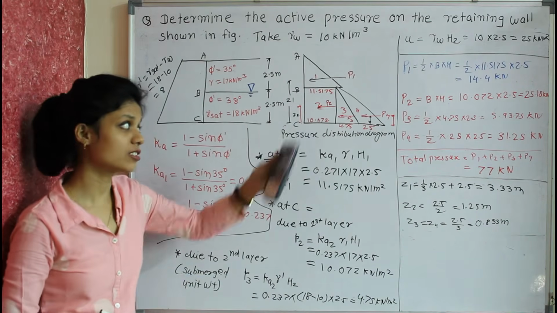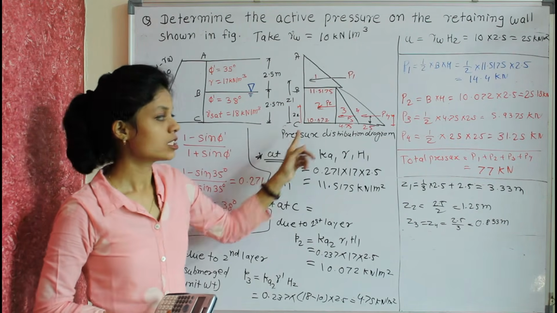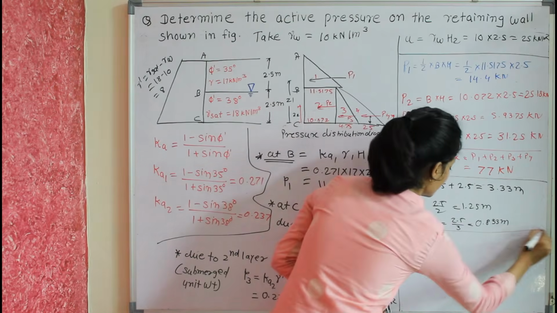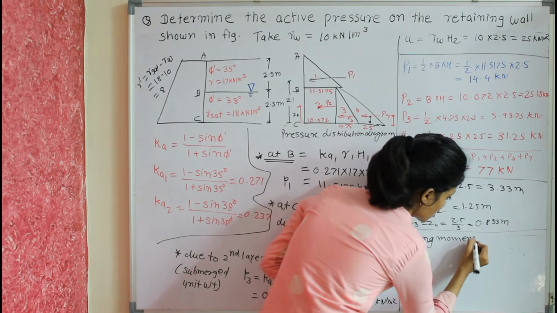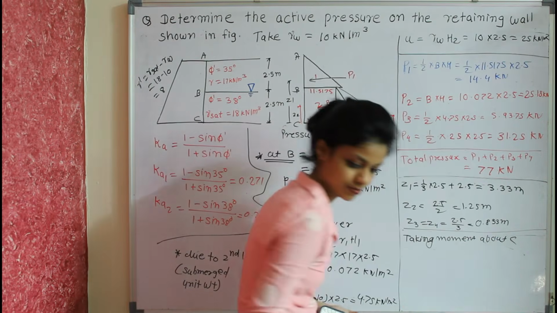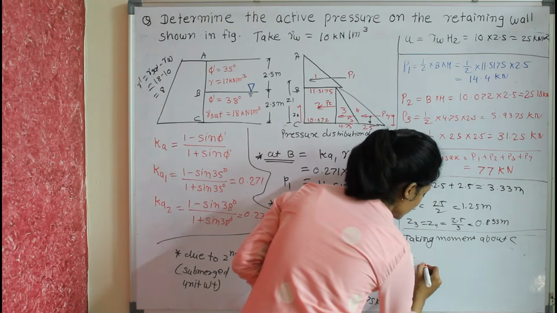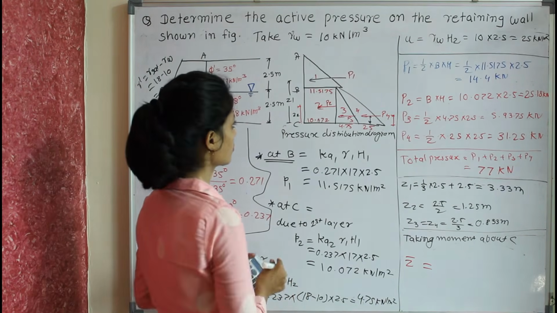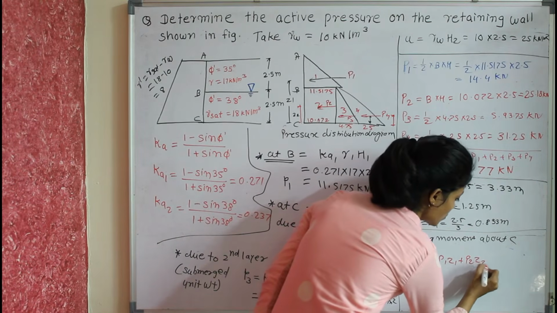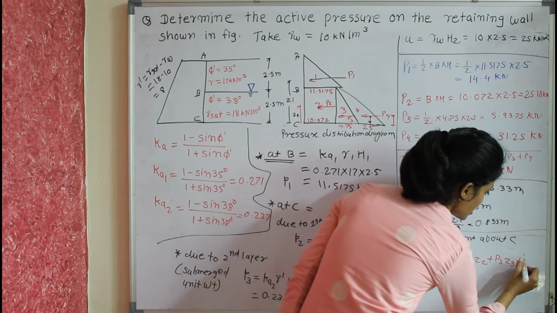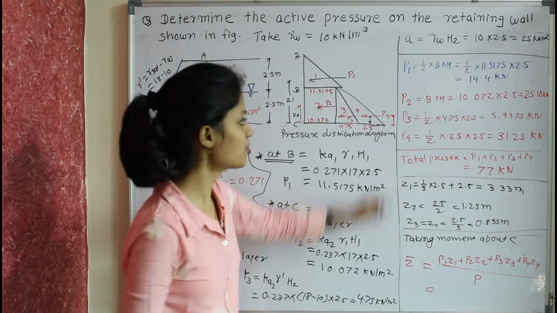Okay. We take the CG of each triangle and its distance from C, from base. Now taking moment about C, Z equals P1 Z1 plus P2 Z2 plus P3 Z3 plus P4 Z4 upon total P. Substitute all values.